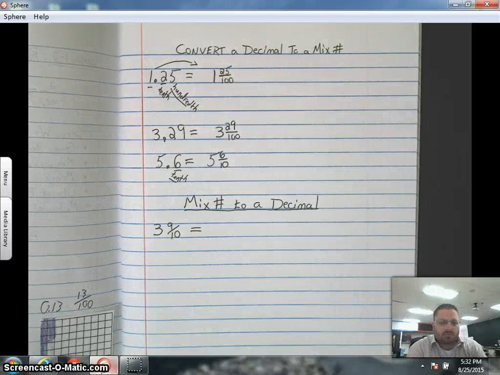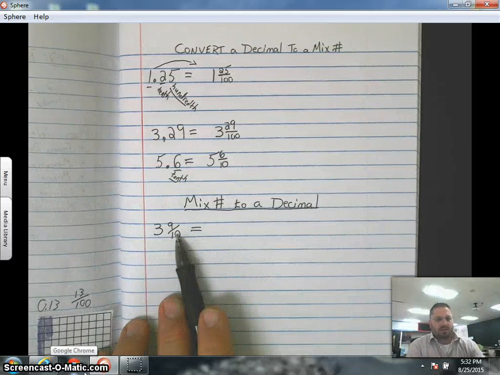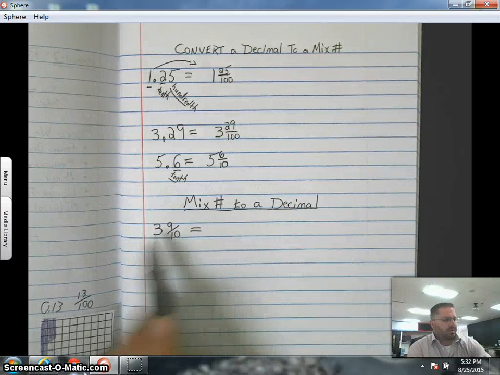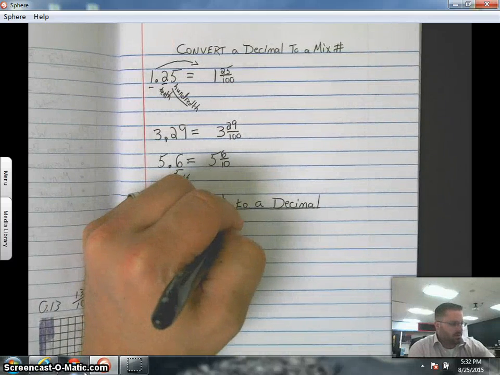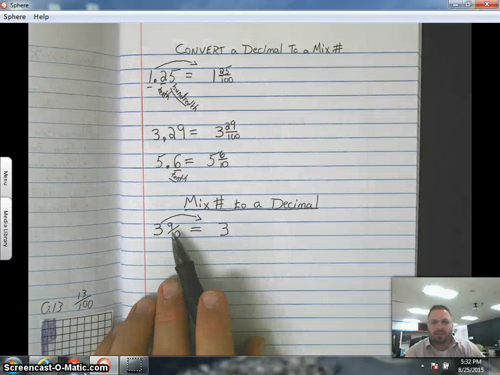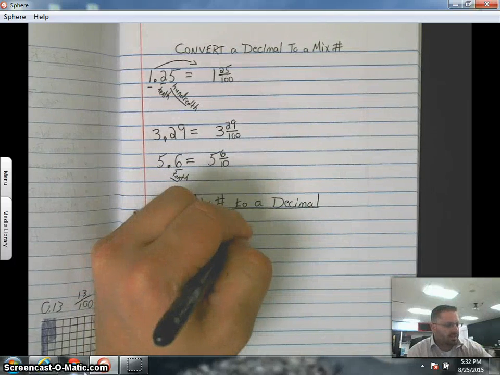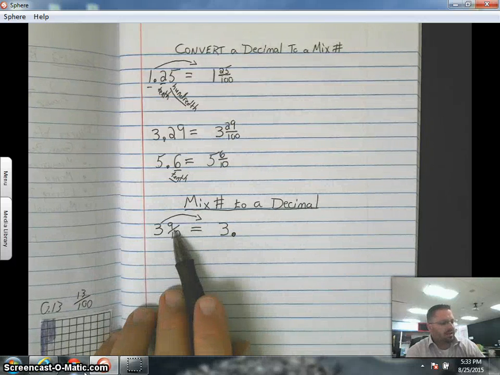Alright, to go to a decimal, it's kind of like the same steps from converting a decimal to a mixed number. What I'm going to do first is read it, 3 and 9/10. So I'm going to write what I'm saying. 3 is my whole number. It always gets to come over. The whole number gets all the breaks. 3 and remember that first day we talked about place value. When you say the word and, it means a decimal place. 3 and 9/10.